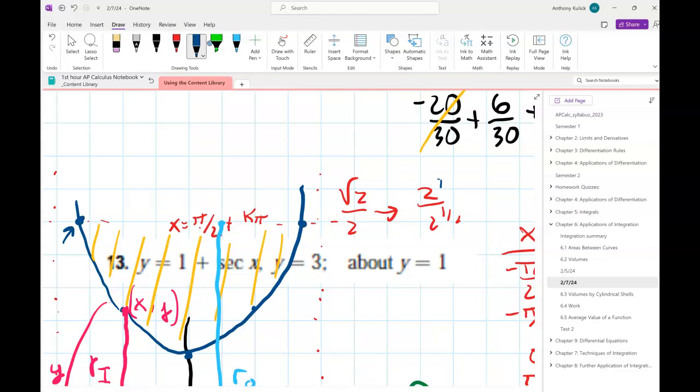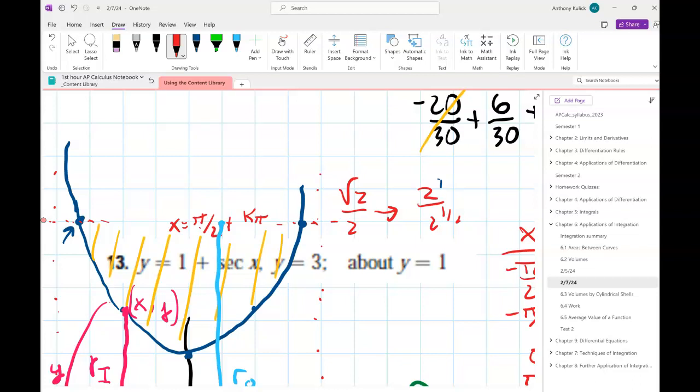This should have been where we stopped, right? Because this guy continues going past 3, because we have the dashed line as y equals 3. So we integrated too much stuff.